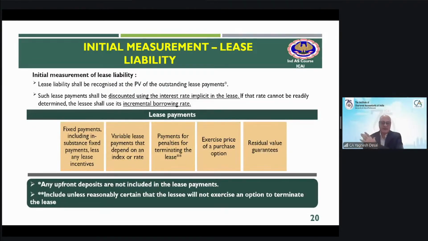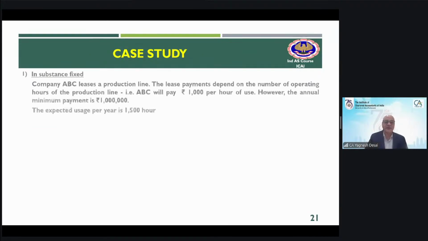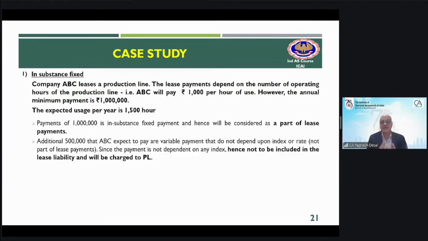If there is an exercise purchase option and you were sure of buying at the beginning of year 1, year 2, but at the end of year 3 you decided that you may not go for the purchase option, you'll remove this item from the lease payments prospectively, not retrospectively, because this is an estimate. And we all, dear friends, know a change in estimate is always accounted for prospectively. Computer G, this is an in-substance fixed amount.